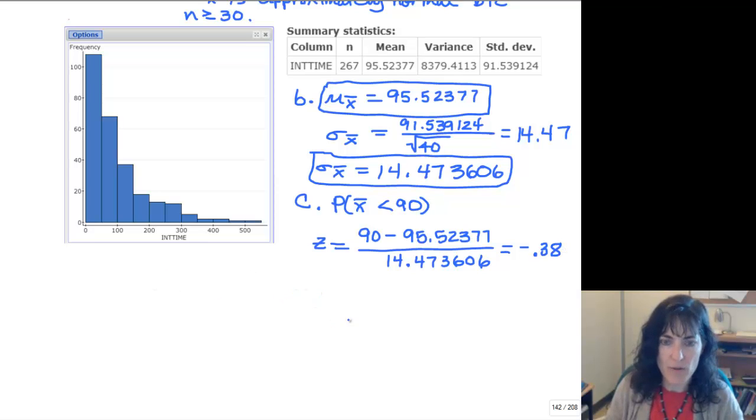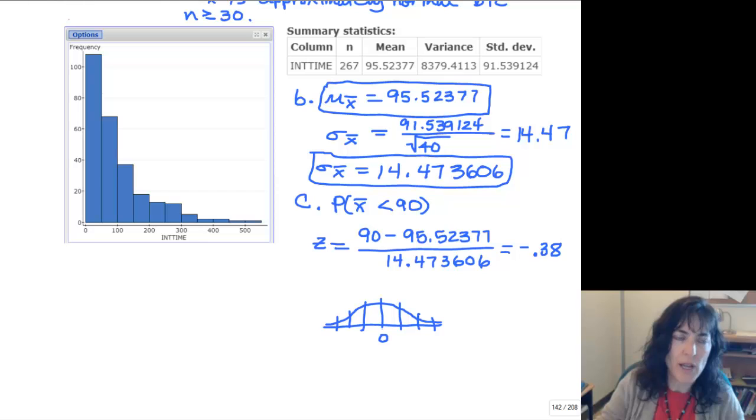And there I'm pretty confident. Let's draw a quick diagram here. So I have my 0 here, and it looks like I have a negative 0.38, which would be about there.